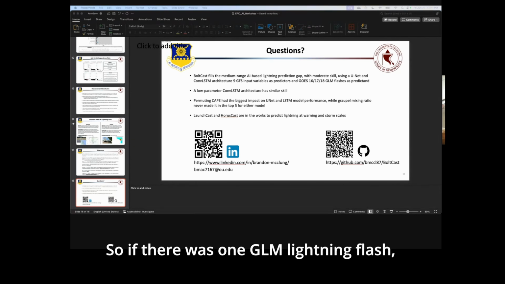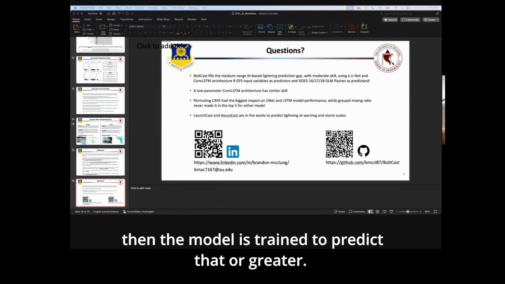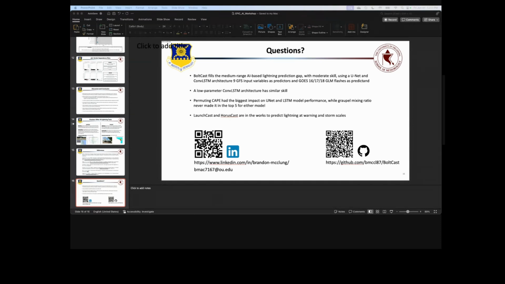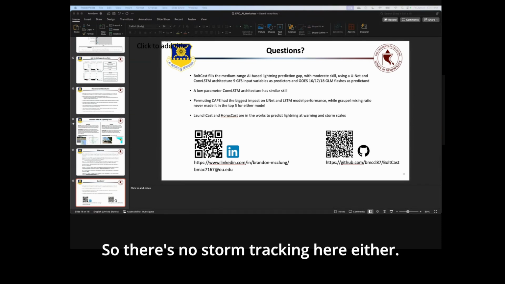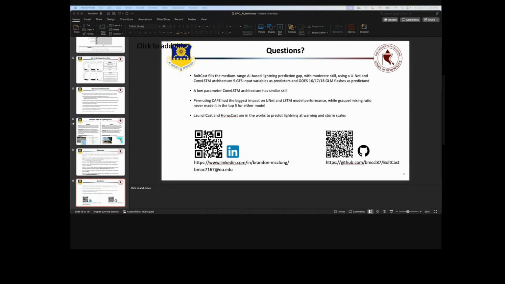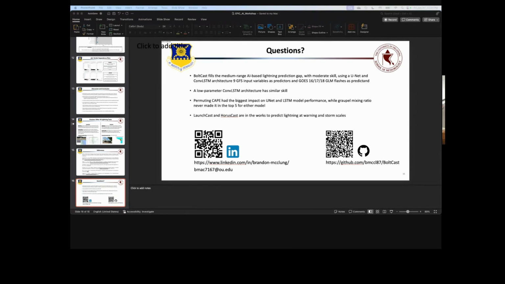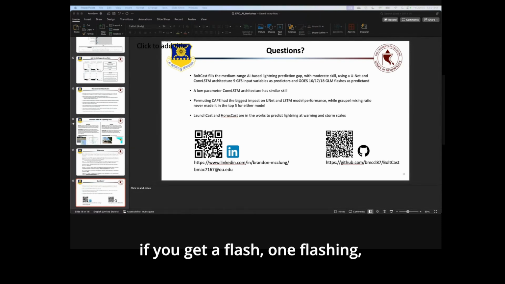If there was one GLM lightning flash, then the model is trained to predict that or greater. So there's no regression here, only classification, and there's no storm tracking here either. So this is a general pixel evaluation. Basically, if you get one flash in there, then you consider that a success. Correct.